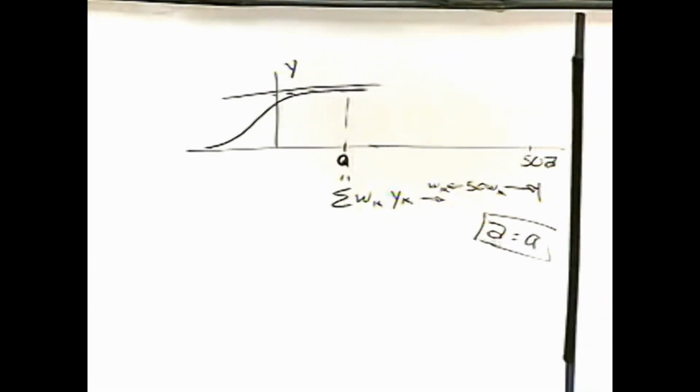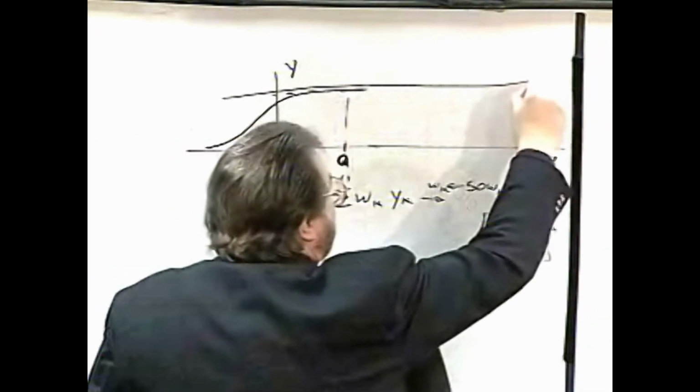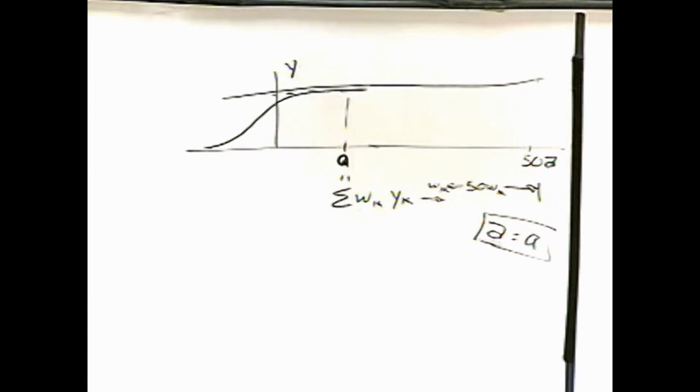If we do that, what's the state of the neuron then? Well, instead of 0.9, it's going to be 0.999. It hasn't changed very much.